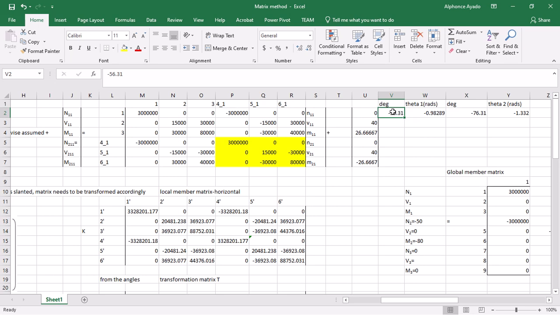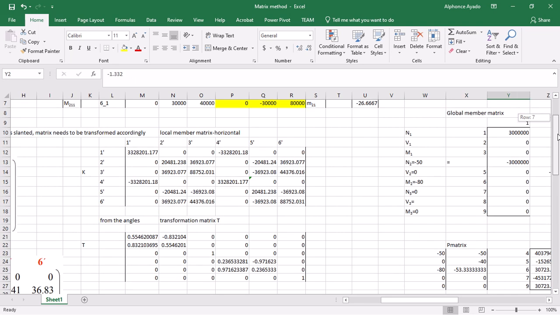So clockwise is negative, so it was negative 56.31. If you convert into radians by dividing by 57.29, this is what you get. The negative indicates the direction. That's the value you get.